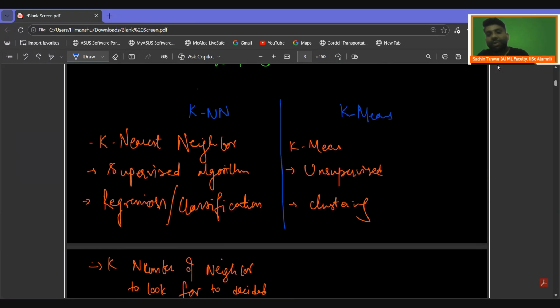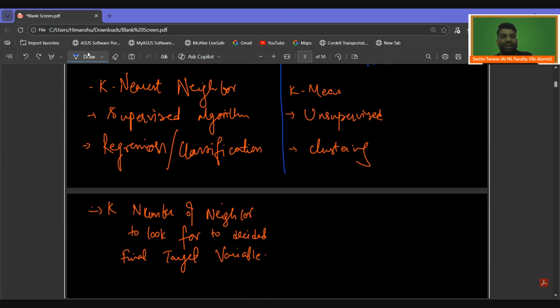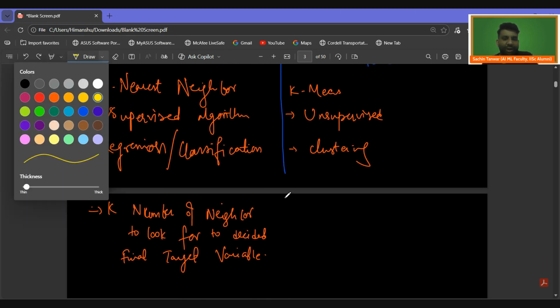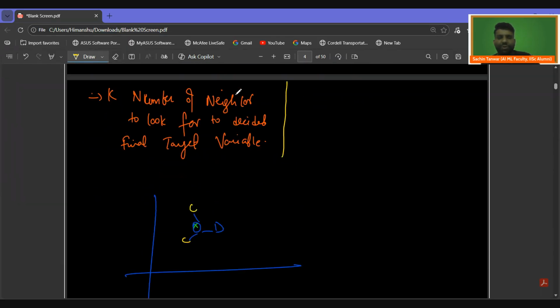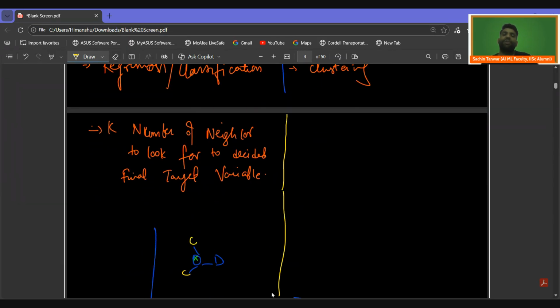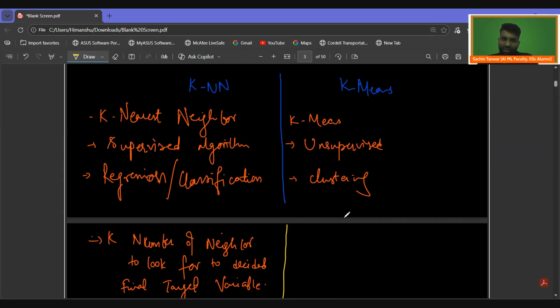Now let me talk about the idea for K-means. As I mentioned, it is also a similar thing. Unlike supervised learning, we do not really have labels, and K-means is an unsupervised learning algorithm.